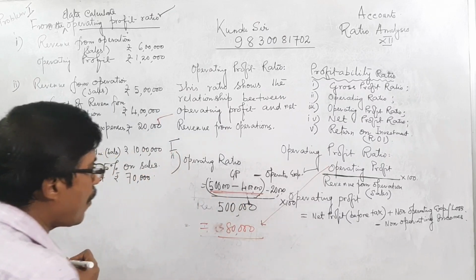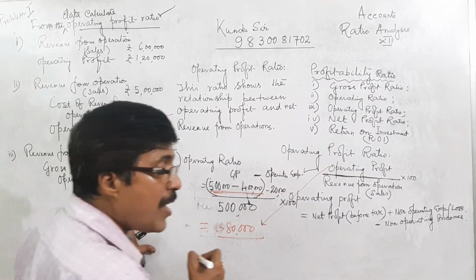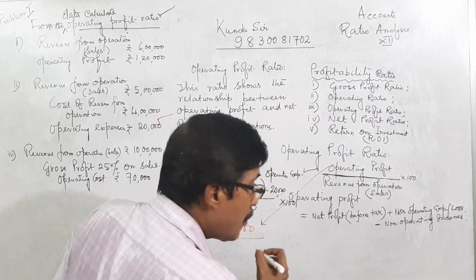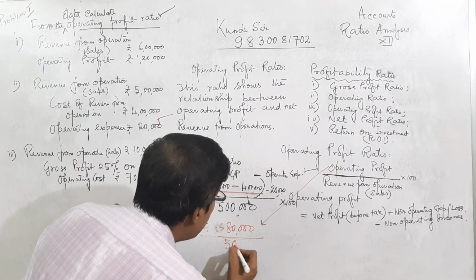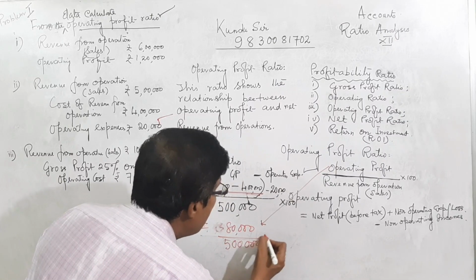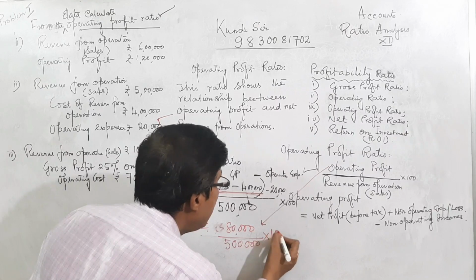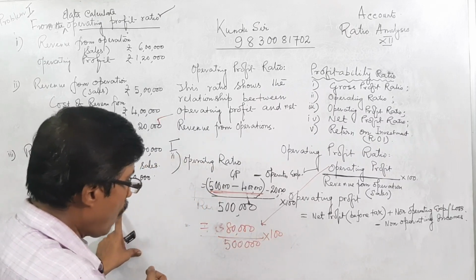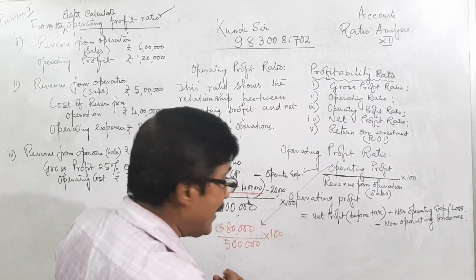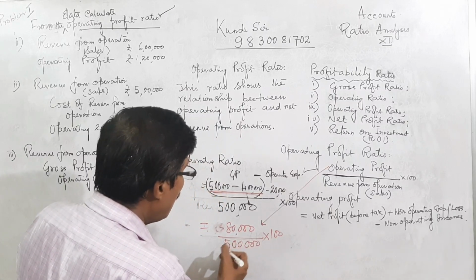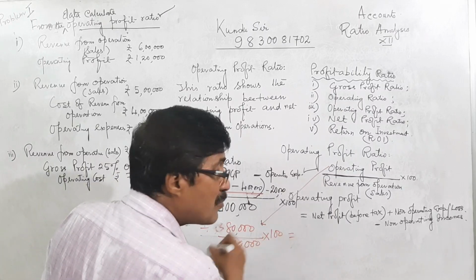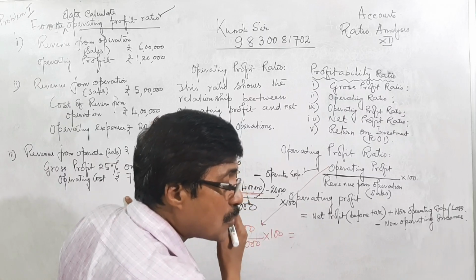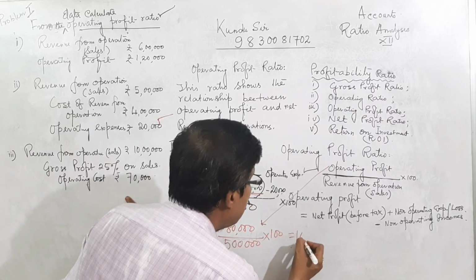If we divide by 5 lakhs, revenue from operation, into 100, it comes to 16%.